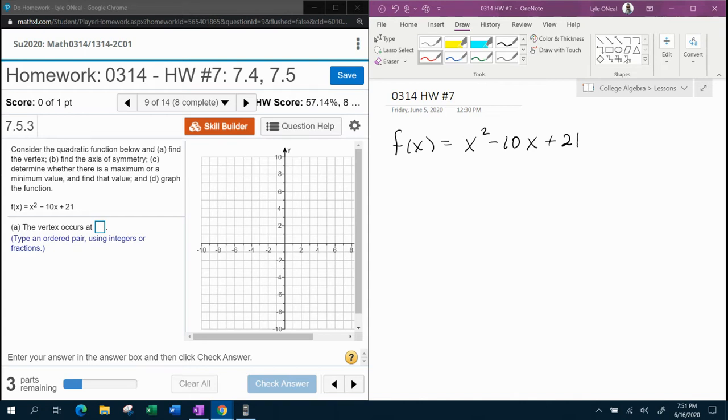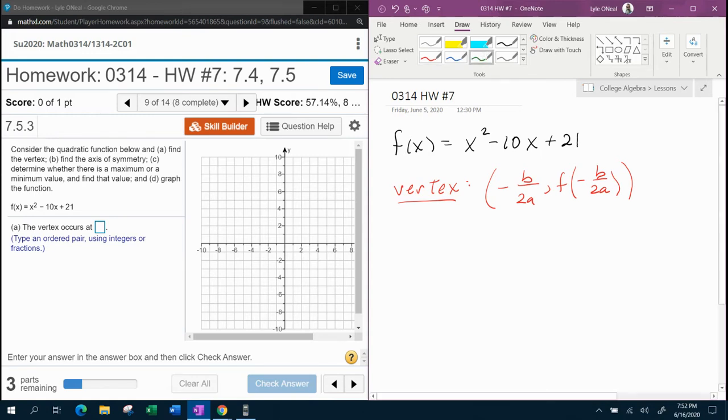Let's start with the vertex. So we have a formula for finding the vertex. The vertex formula is minus b over 2a, f of minus b over 2a. So I'm going to need to know the values of a and b.